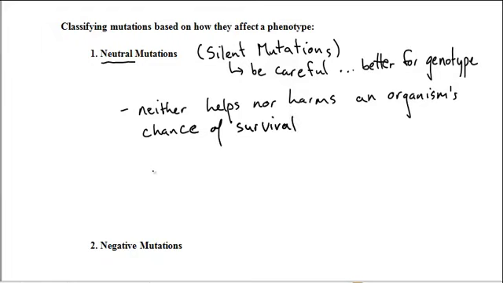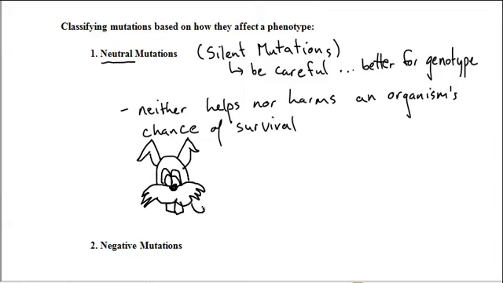And the example I like to use is if you have a bunny rabbit. Just quickly draw out a little bunny here. And its paw happens to have black paw pads, and then it has an offspring with a mutation.